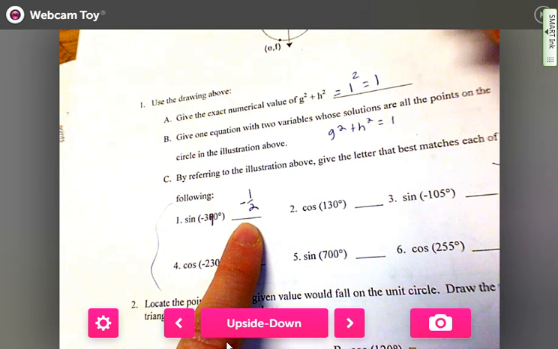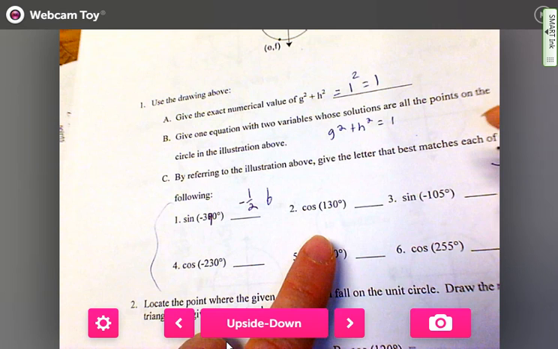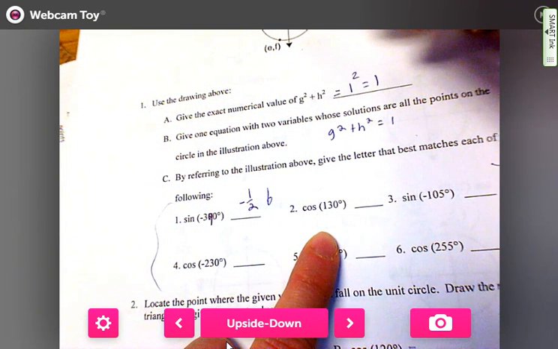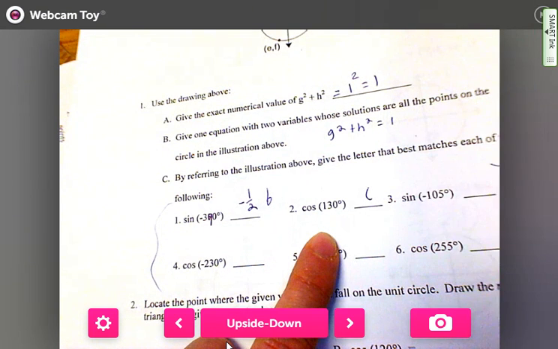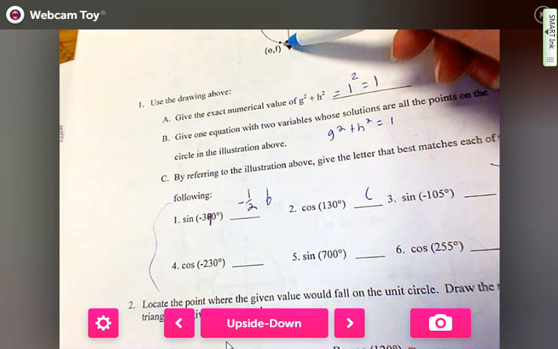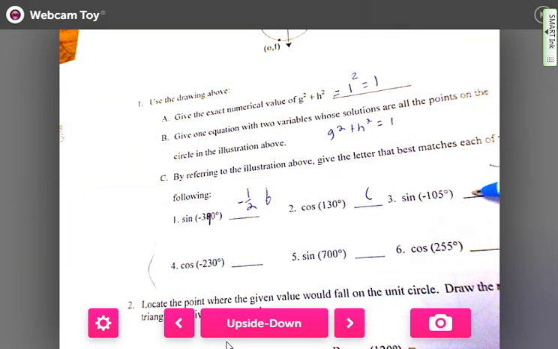So if we go 360 around and go to the next letter, we want B. If we go to 130, cosine is the x value, so that would be C. If we go negative 105 degrees, we would be about here at E and F, and we want the sine, so that would be F.